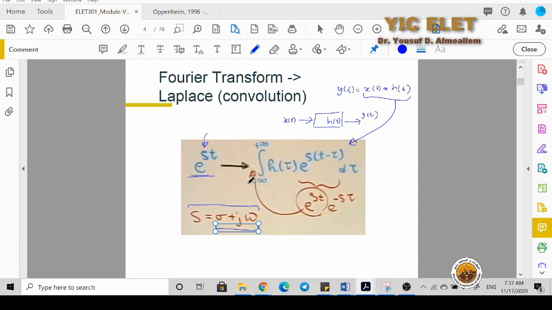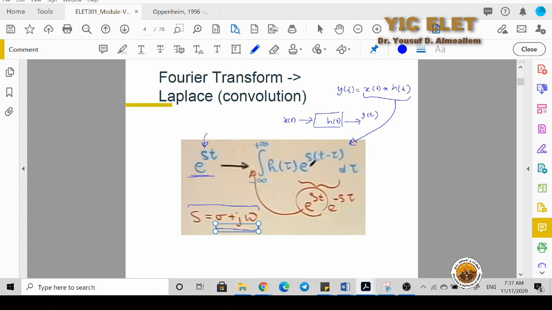So it is the integration from minus infinity to plus infinity of h of tau times x of t minus tau, and x of t is given by this equation. If you substitute t minus tau in this equation, you will get e raised to power s times t minus tau, then d tau.